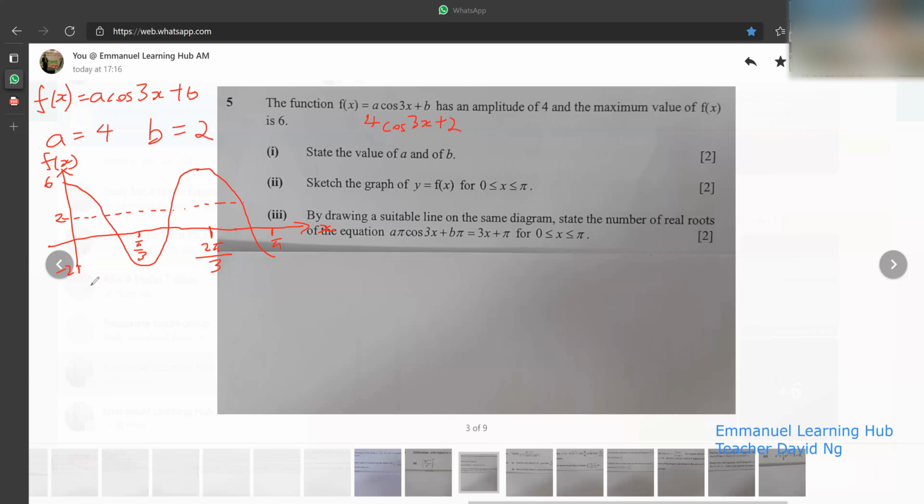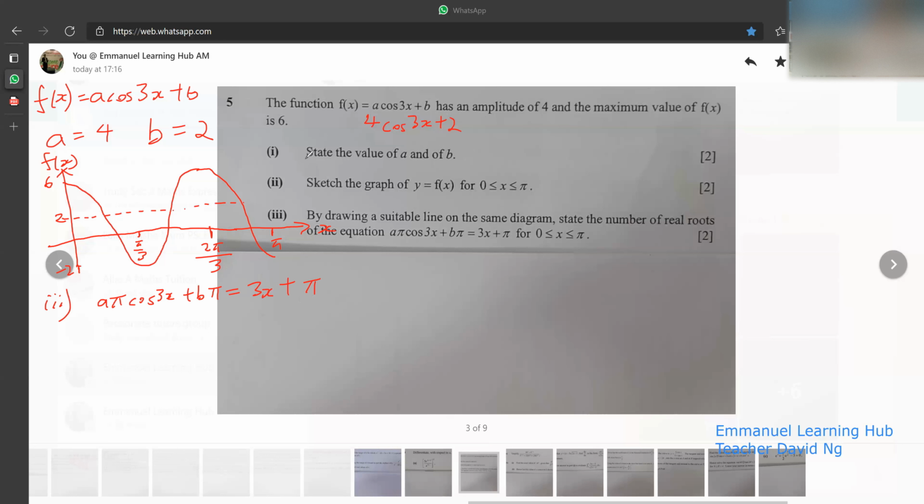Then the question asks you to draw a suitable straight line on the same diagram and state the number of real roots of the equation. So part 3: a pi cosine 3x plus b pi is equal to 3x plus pi.